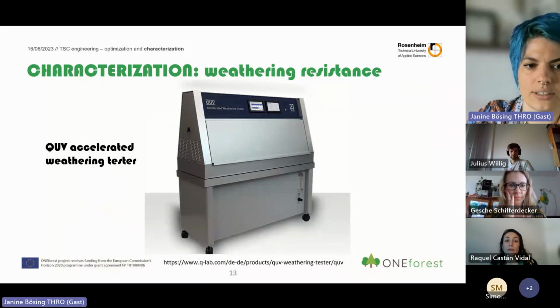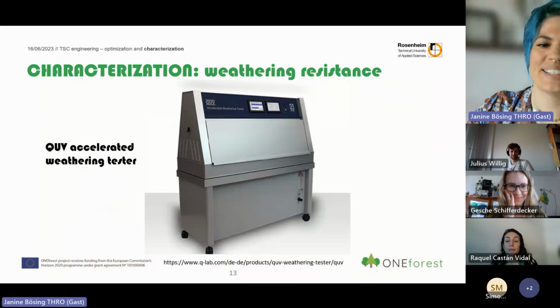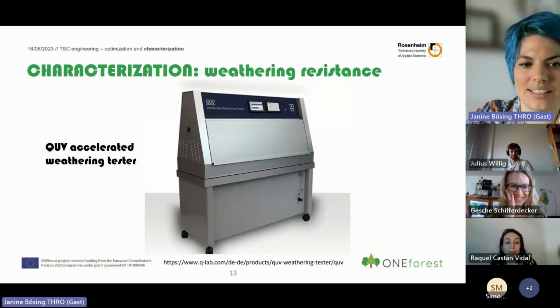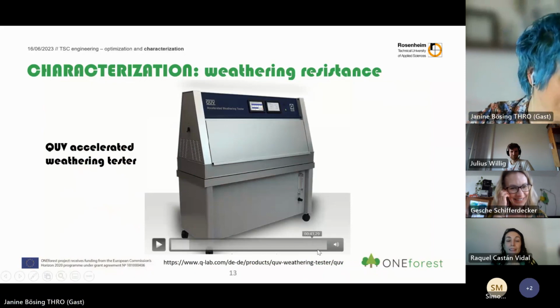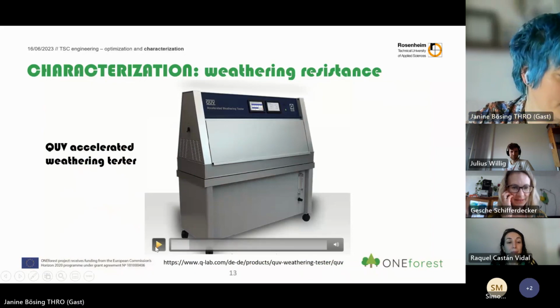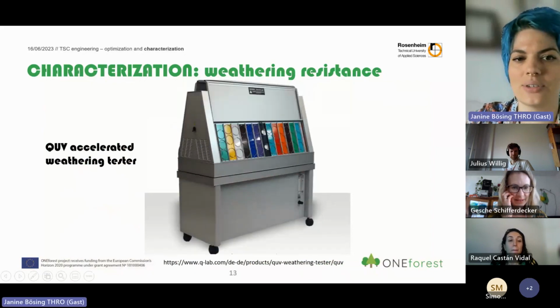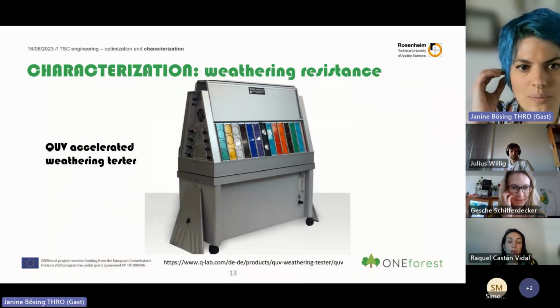And we can have a look inside of this machine. If the video plays, then it will open. Yes, we can take the covers off. We see the samples inside of the machine. Here there are just some random example samples that you can see now from the outside.